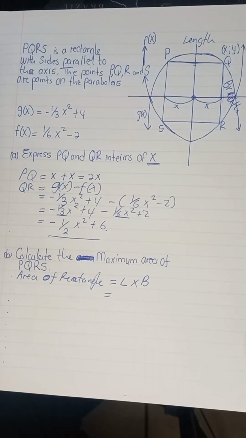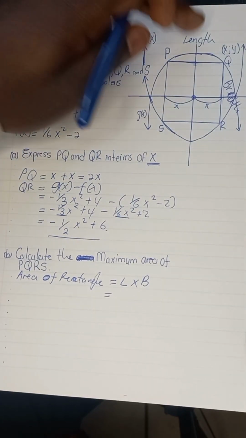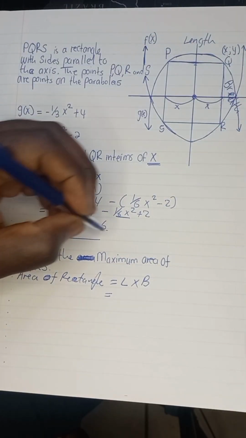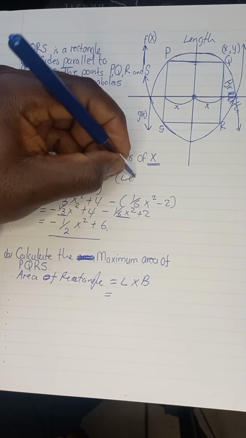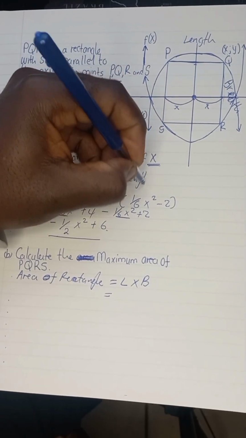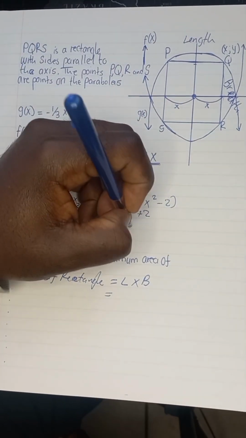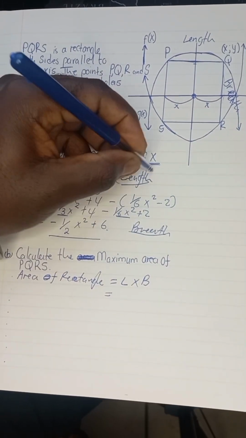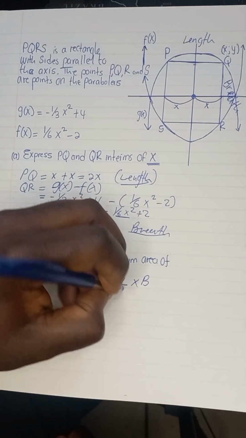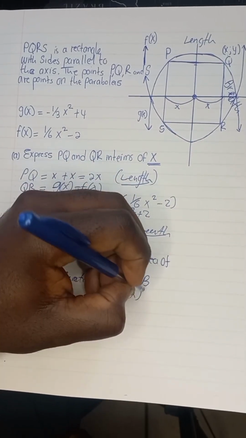So there I was still writing your length and breadth so that you can know. And then now I'm saying length multiplied by breadth. I'm just trying to also show you where I'm getting the equations which I'll be using. And then my length will just be my 2x, which is PQ.